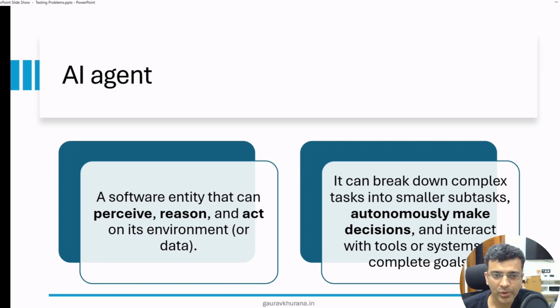And then what is an AI agent? An AI agent is something which can act on its environment. In our case, it was able to act, and it was able to reason. If there are any errors, it will try alternate methods. It will give you a reason, like maybe Playwright was not installed, so that's why the test failed. It is able to perceive your system and it can make autonomous decisions.